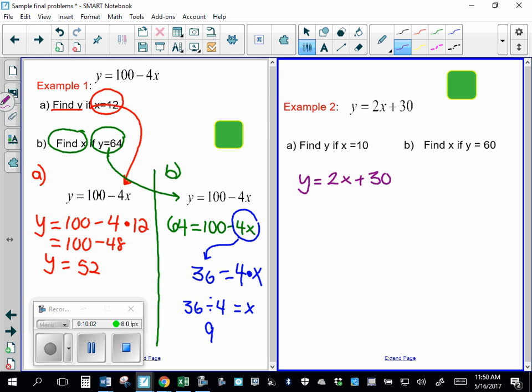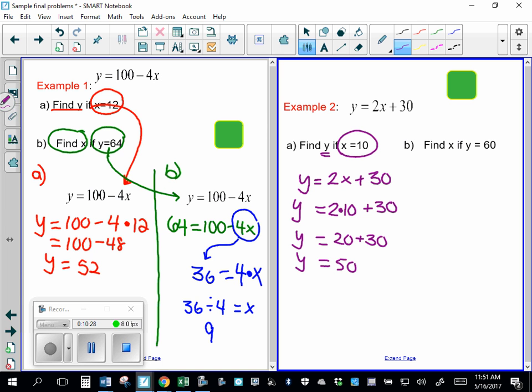Right, we have to figure out y if we know x. What's x? x equals 10. So 2 times 10 is 20, plus 30 is 50. Perfect. You got it. Thumbs up, thumbs down?